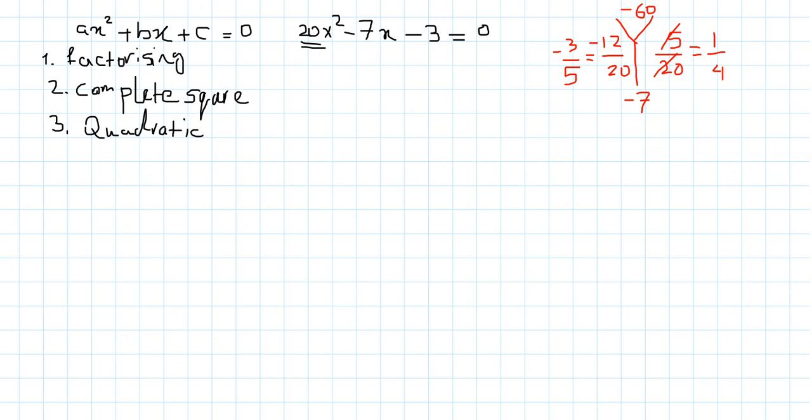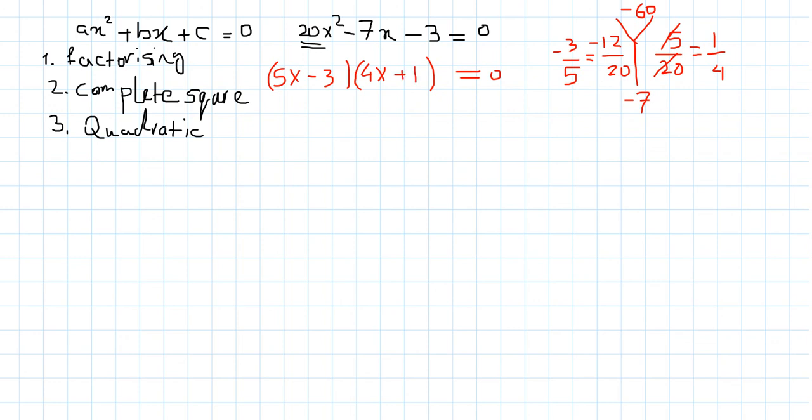Now write two brackets equal 0. This is x, this is x. Okay, the first 5 is here. 5x minus 3 and 4x plus 1.